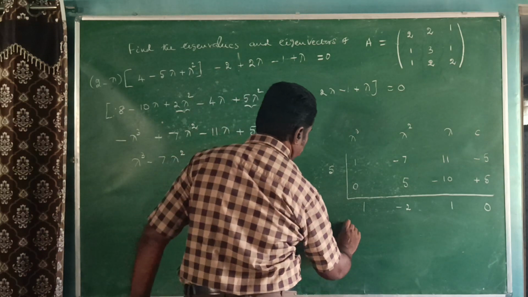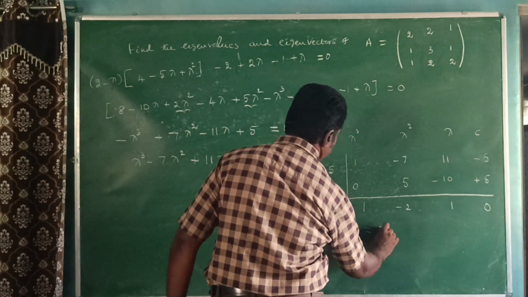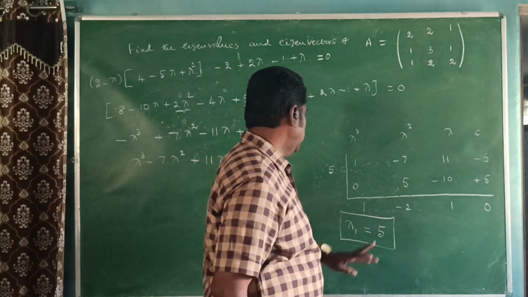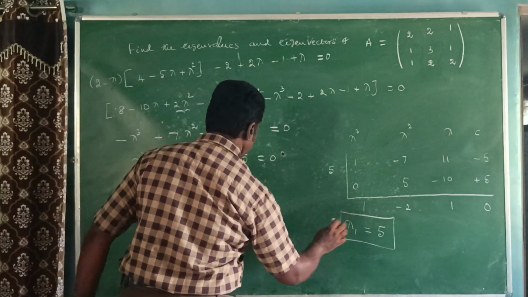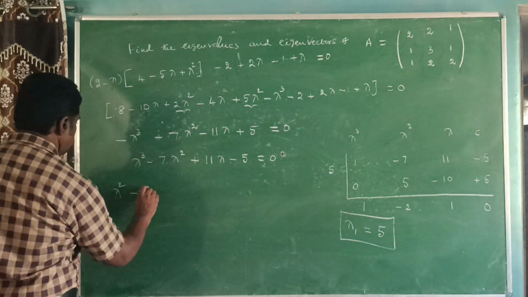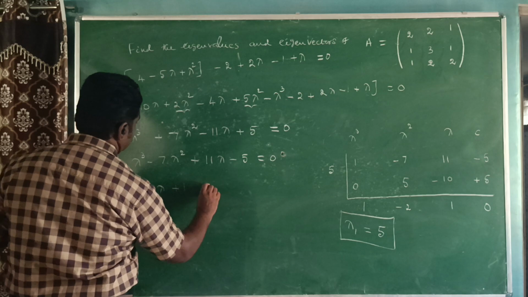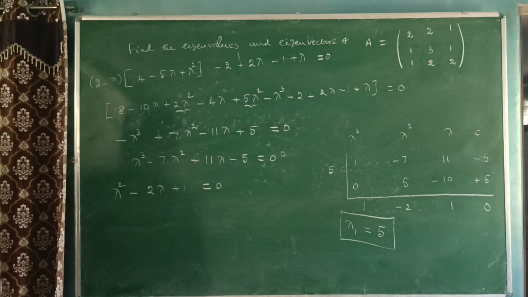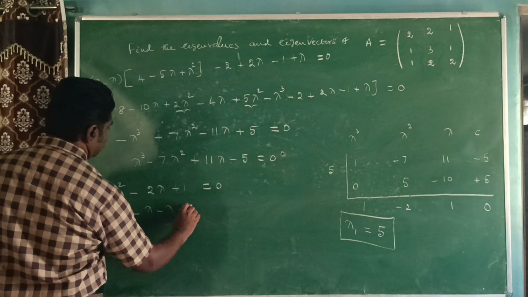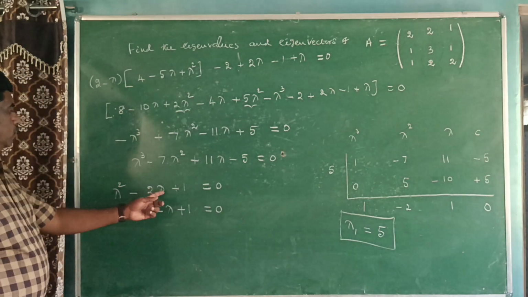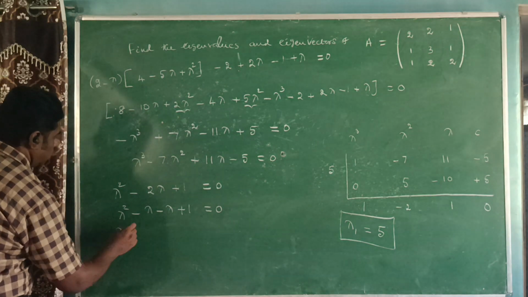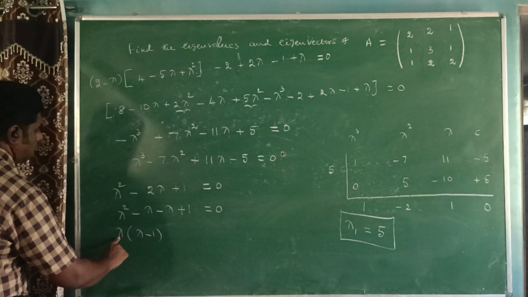Here, the value of lambda 1 is equal to 5. We have the first eigenvalue. Furthermore, we have an equation: lambda square minus 2 lambda plus 1 equal to 0. Now we have to solve this. Lambda square minus lambda minus lambda plus 1 equal to 0. This minus 2 lambda is written as minus lambda minus lambda. Then take lambda outside: lambda into (lambda minus 1).